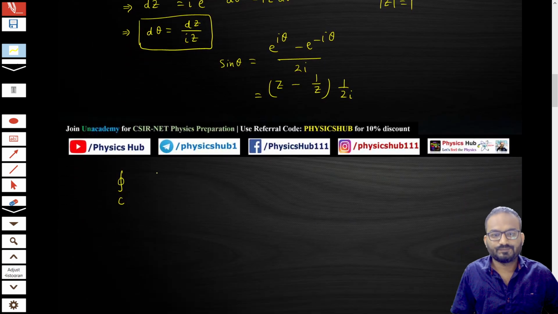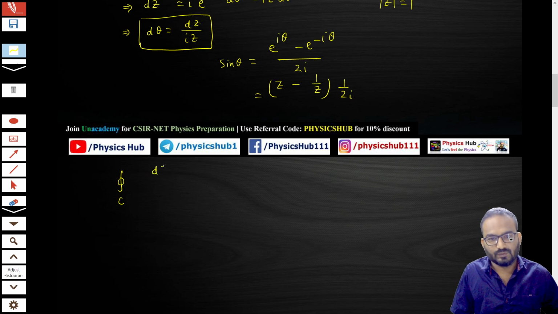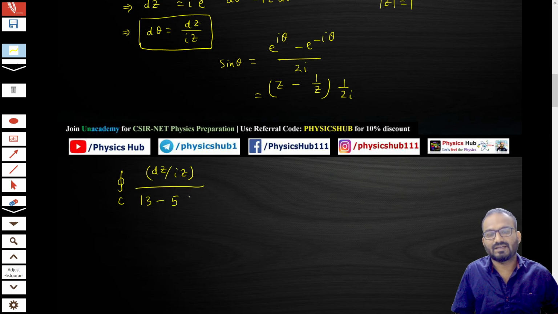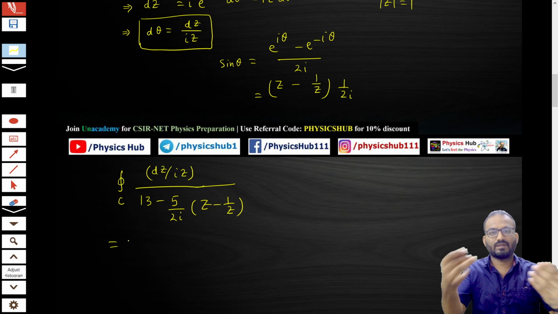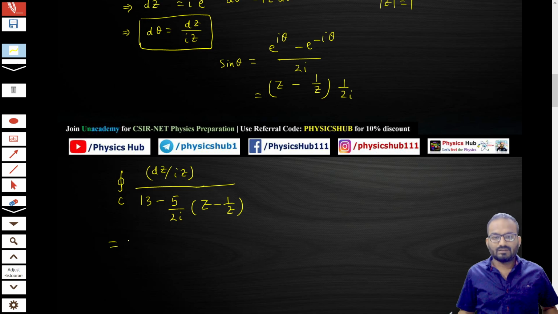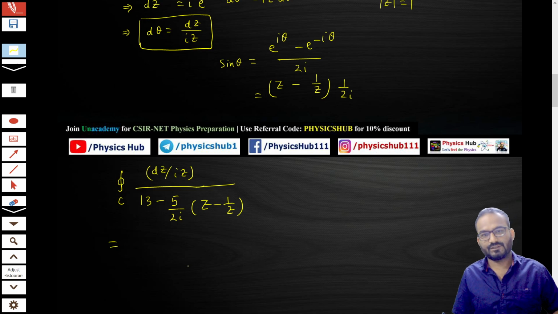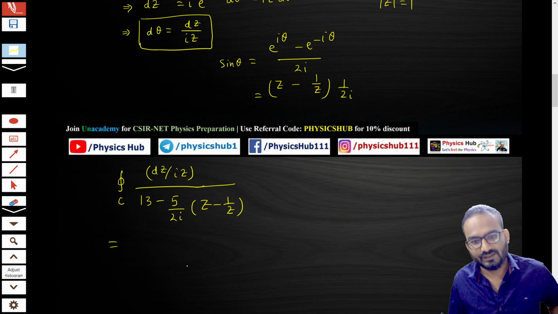So our complex integration takes this form: dz by iz divided by 13 minus 5 by 2i into z minus 1 by z. If you evaluate this integration, it will be the same as that integration. So in this way you can easily utilize the complex integration technique to get the integration value.